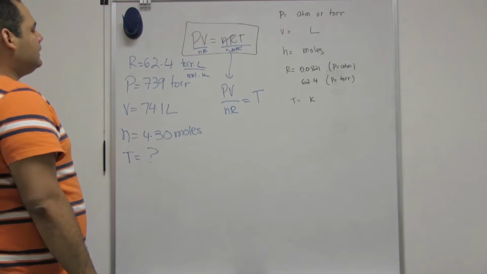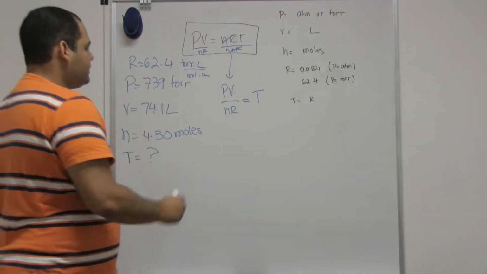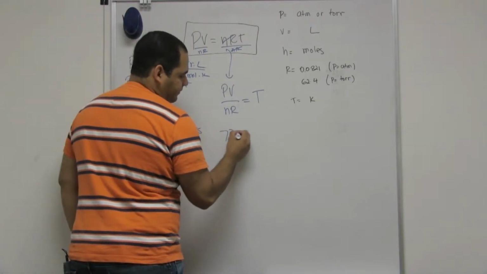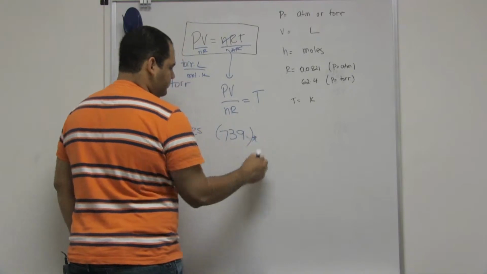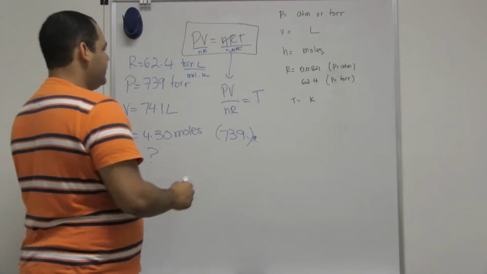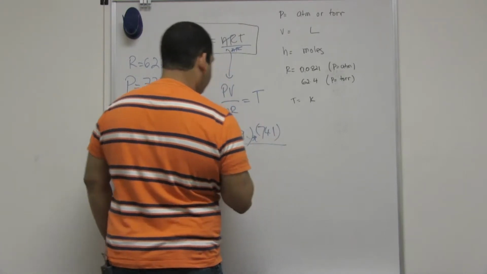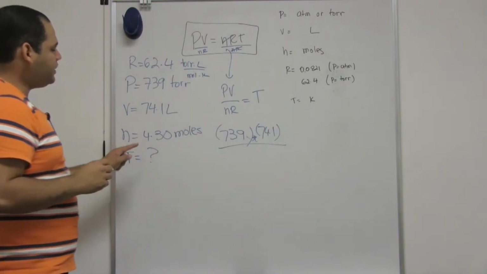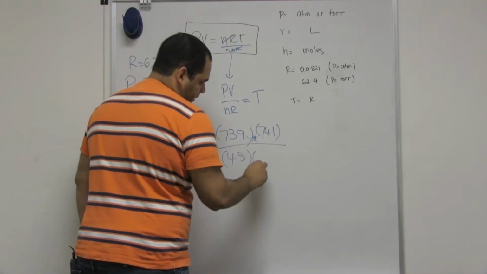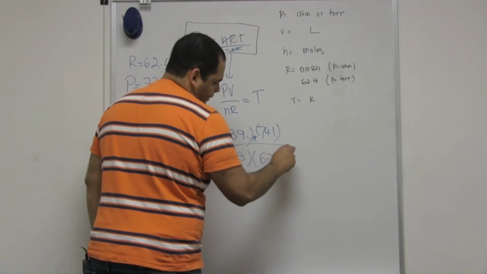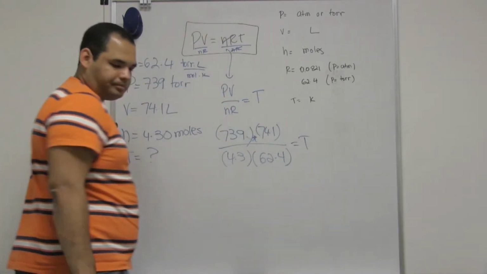So PV over nR is equal to temperature. Now that I solved my equation for T, I can just plug in the numbers. So 739 times volume 74.1, divided by my number of moles, which is 4.3, times my constant, gives me the temperature in Kelvin.